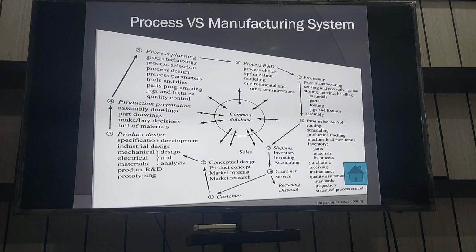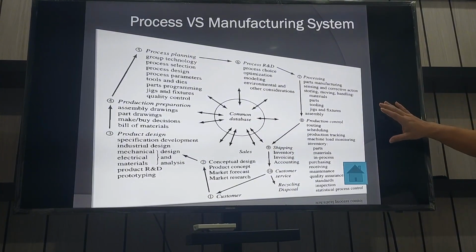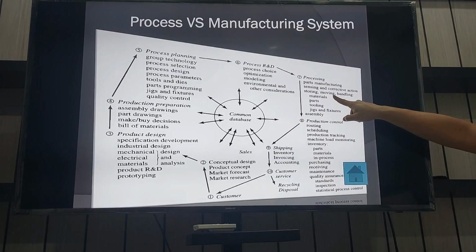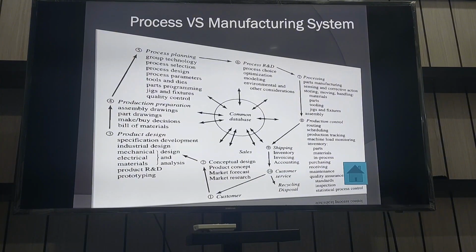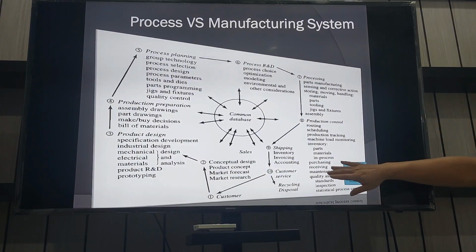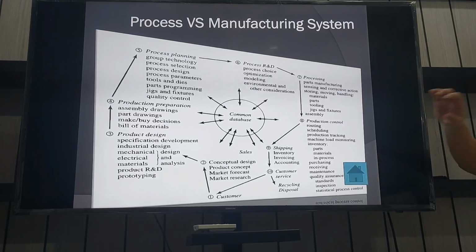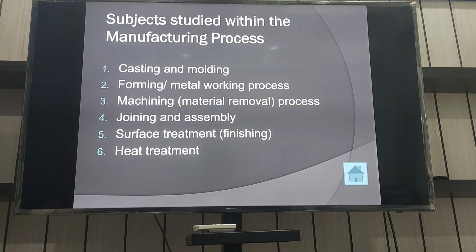So you can see this picture is manufacturing system. Manufacturing process is only this one, individually. But manufacturing system is the integration of all these steps into one. System is integration. Okay.